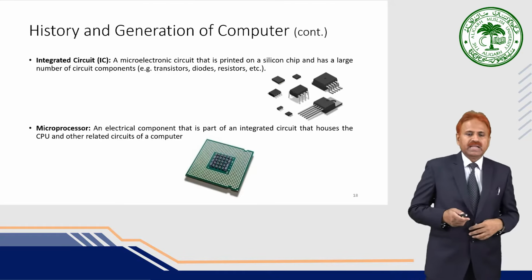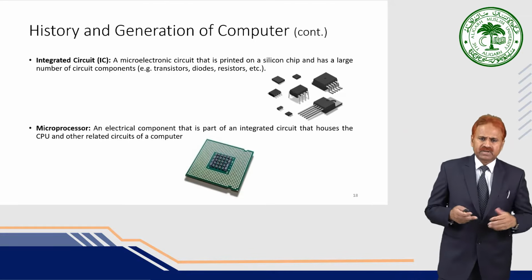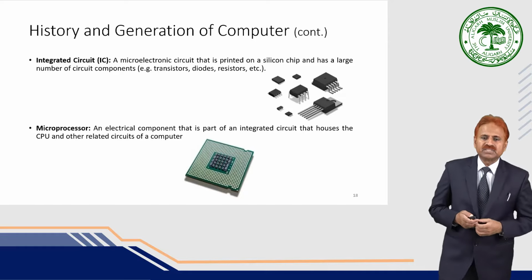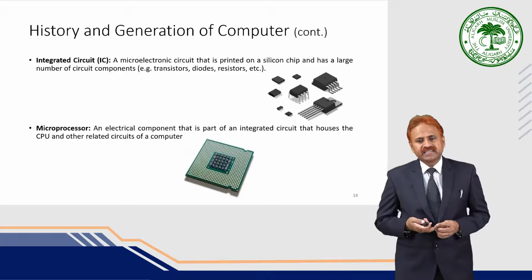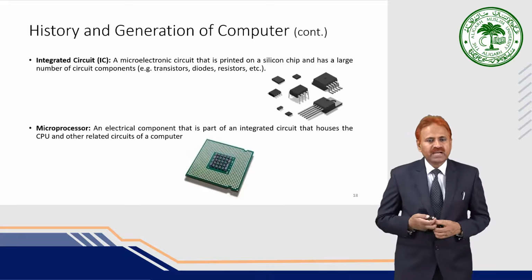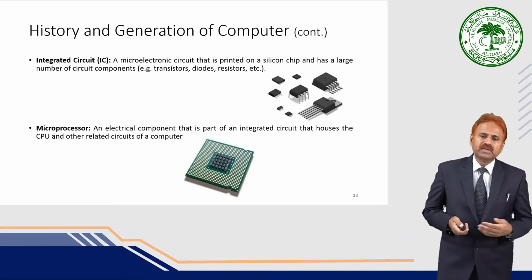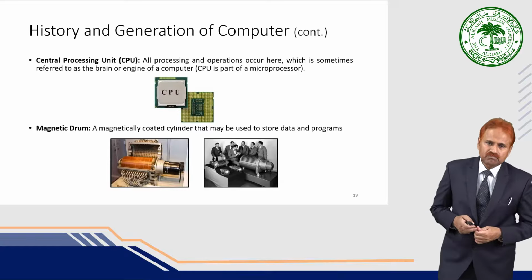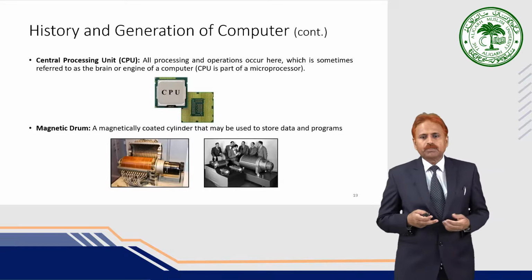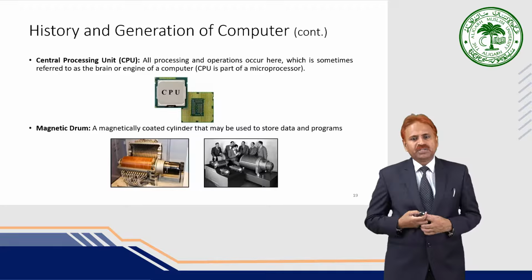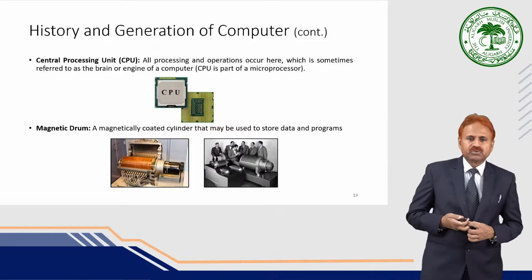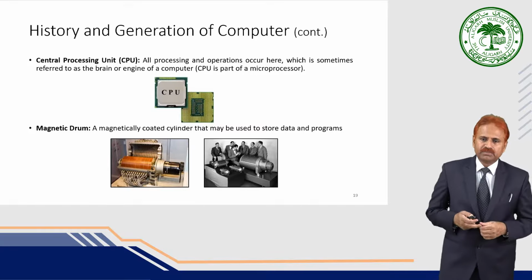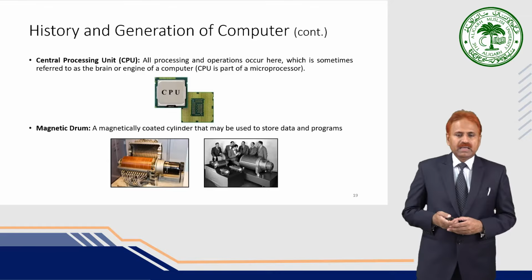The next device is the computer processor, an electrical component that is part of an integrated circuit that houses the CPU and other related circuits of a computer. In the CPU, all processing and different operations occur, and it is sometimes referred to as the brain or engine of a computer. The CPU is part of the microprocessor.